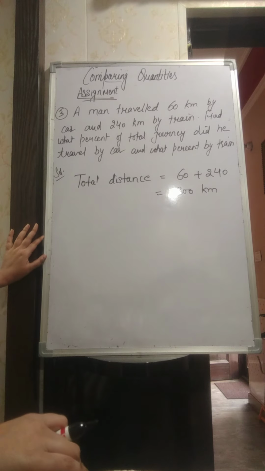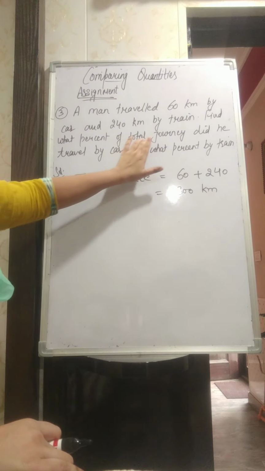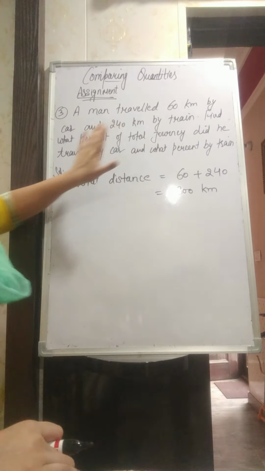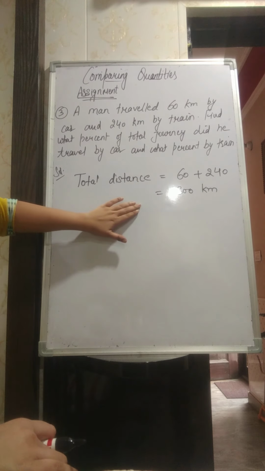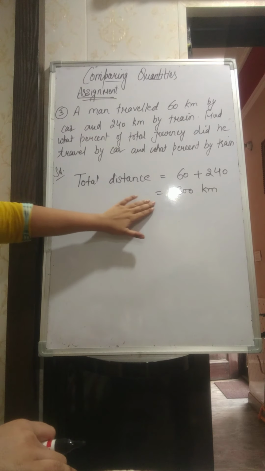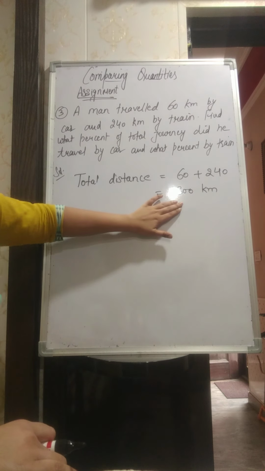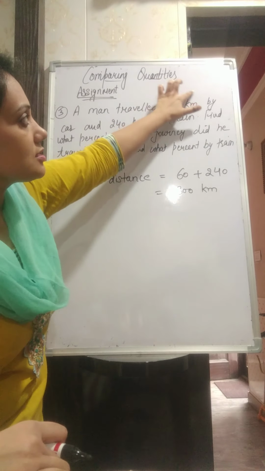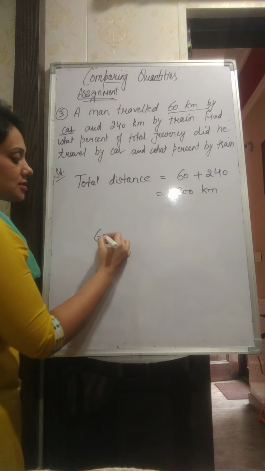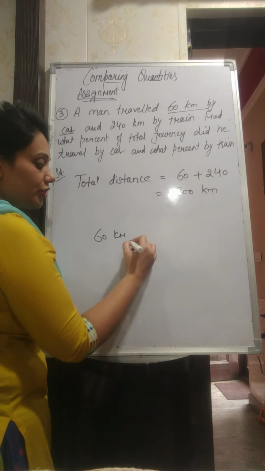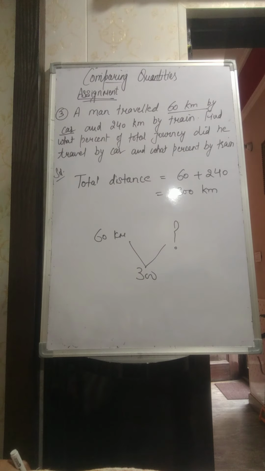Now what we have to find? We have to find what percent of total journey did he travel by car. Means if the total distance which the man has to cover is 300 kilometer, and from that 300 kilometer he is covering 60 kilometer by car, then that 60 kilometer out of the total 300, what is the percentage, right?